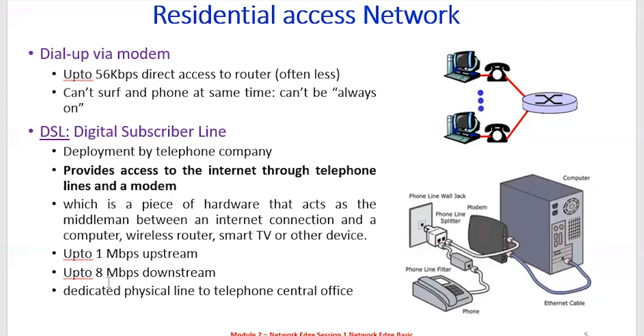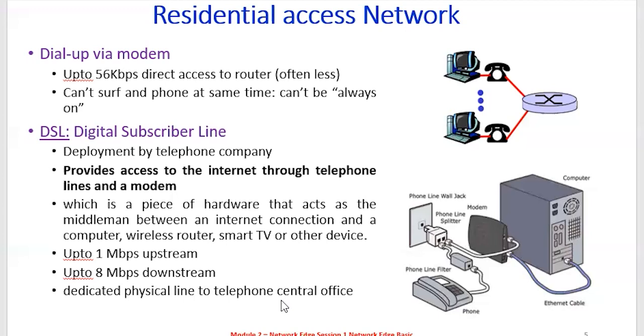There will be some degradation. So a dedicated physical line has to be connected to the telephone central office. So in the next session, we will be discussing DSL in detail, their architecture, how their connections are coming from the telephone central office, etc.